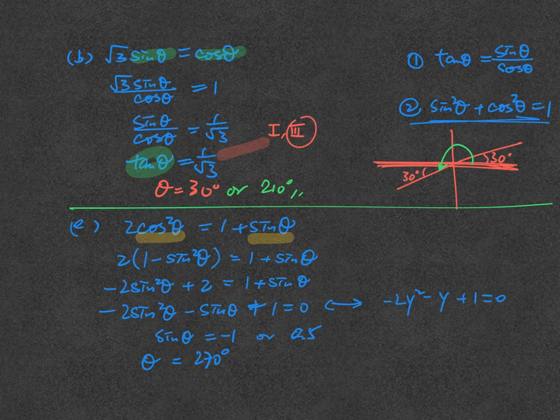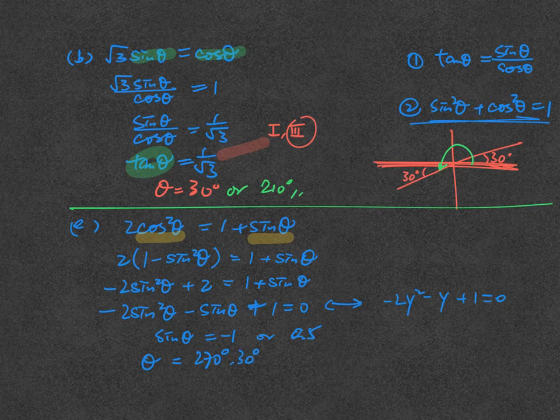But 270 doesn't belong to any of quadrant 1, 2, 3, 4. So that's why there may not be a second answer, and you need to consider the graph of sine, cosine, tangent theta in order to judge whether we have 90 degree or 180 degree in addition. Let's go back to the part about graph to understand it. Now for 0.5, shift sine 0.5, you have another answer, 30 degree.